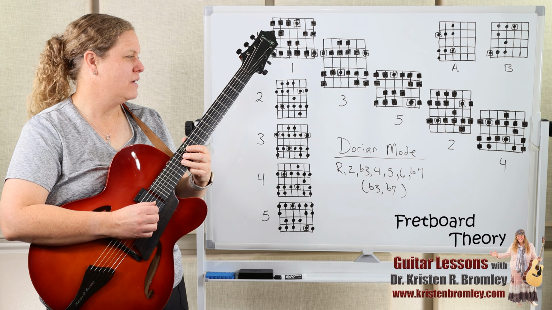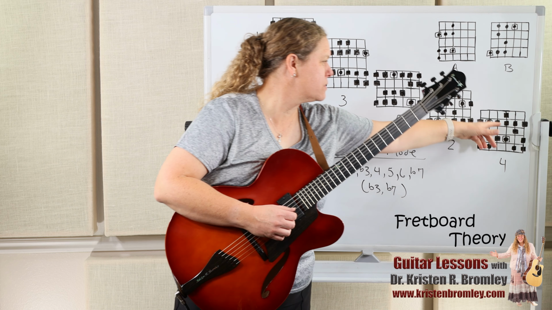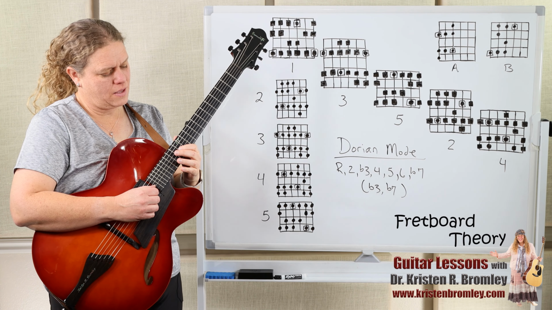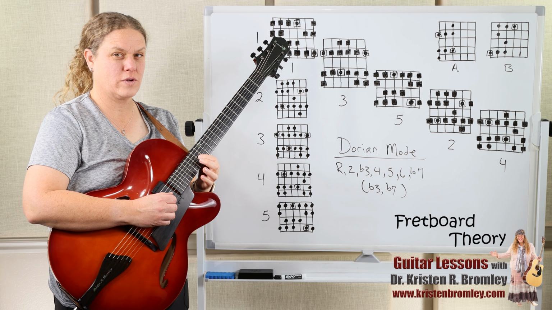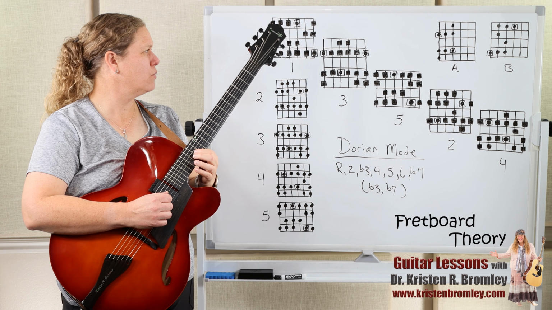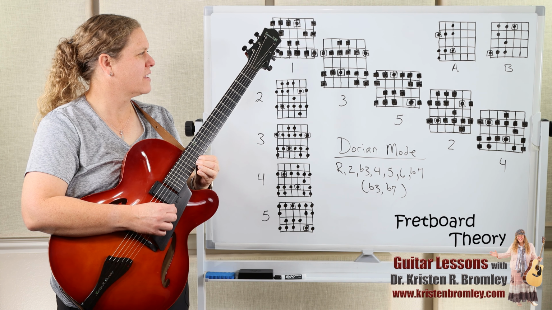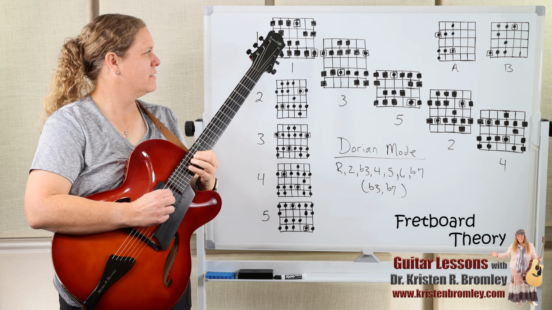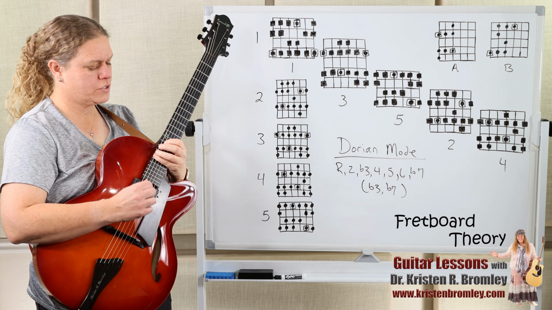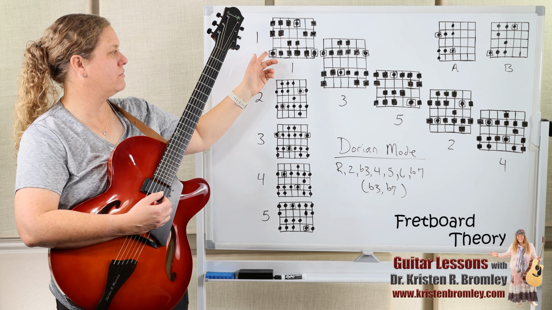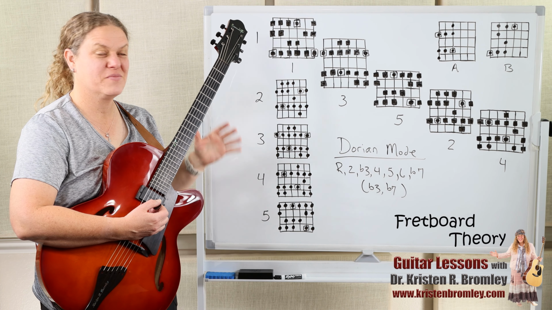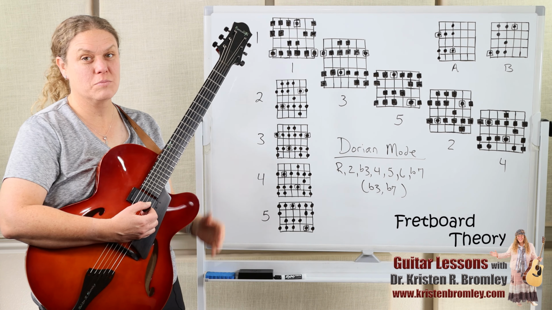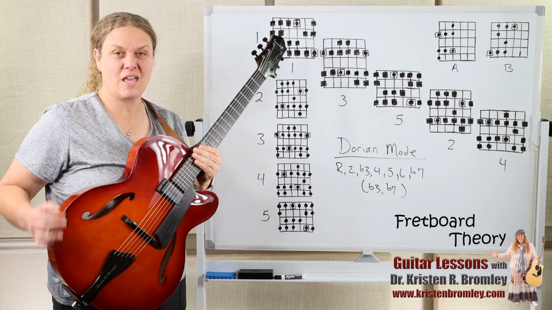From there, that ring finger would start our index again at the 14th fret, and we would be playing with this scale. And with that one, of course, we could start at the 17th fret with our pinky to play A. So that's how the Dorian mode works inside this scale system.